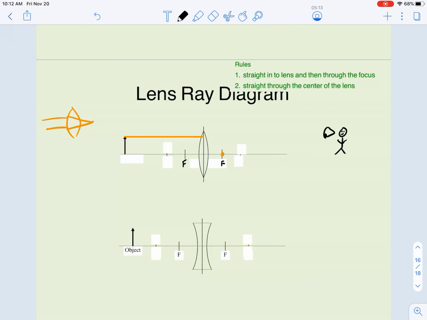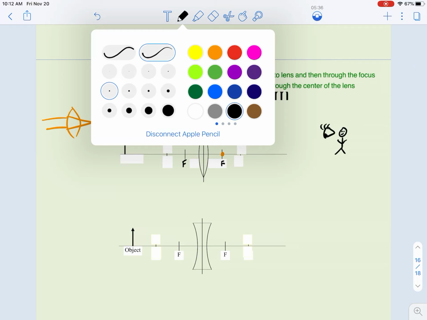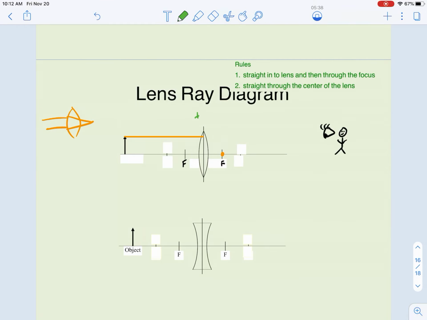Another way to describe this is that it's the same side as the observer. So if I wanted to know where my person is standing that is looking at the light, my person is standing over here. So here is the perspective that the light will be received from. If the light comes through the lens and the focal point is on the same side as the eye, then we are going to call that our positive focus.